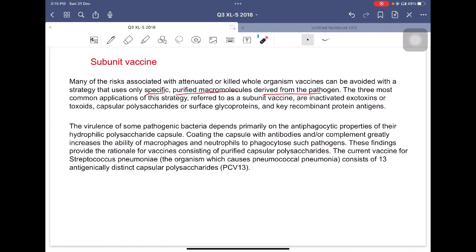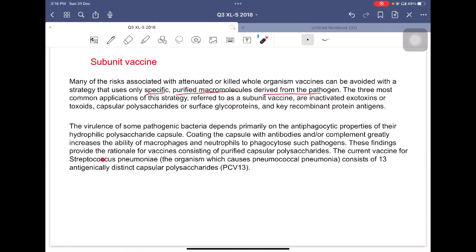So this capsule prevents phagocytosis, but once we coat it with antibodies or complement proteins, the immune cells will be able to recognize the capsule and phagocytose these pathogens.